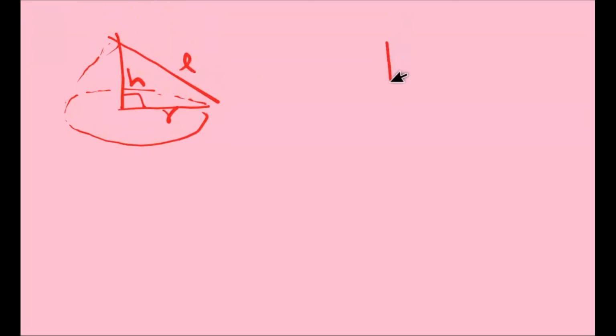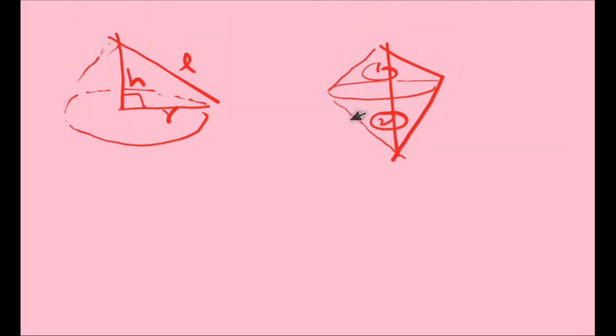Now if you have this type of triangle and you rotate it, two cones will be generated this way, first cone and second cone.